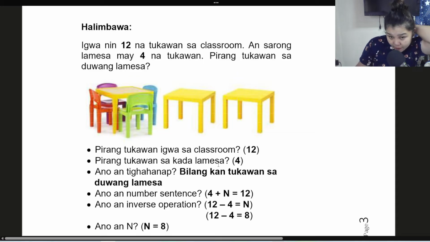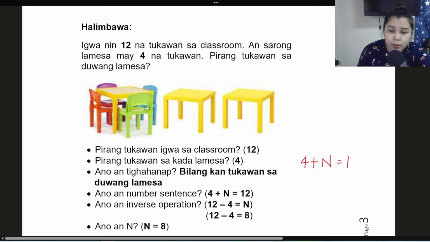So, you can have it as a number sentence. 4 plus n equals 12. So, inverse ulit, babalik ta rin mo so that dapat ang n nasa dulo. Hindi pwede siya sa gitna. So, what we do is 4 plus n equals 12. Balik ta rin natin. So, magiging na siyang 12.